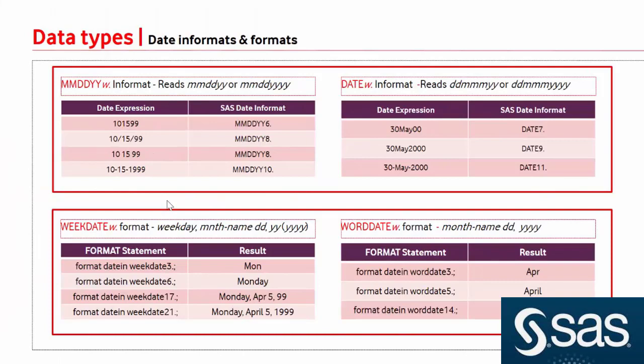These are the different types of date informats available and how the corresponding values will be shown in datasets. So if you use the date informat MMDDYY6., the date will be shown as 101599. And if you use the date informat date11., the output will be shown as 30 May 2000.